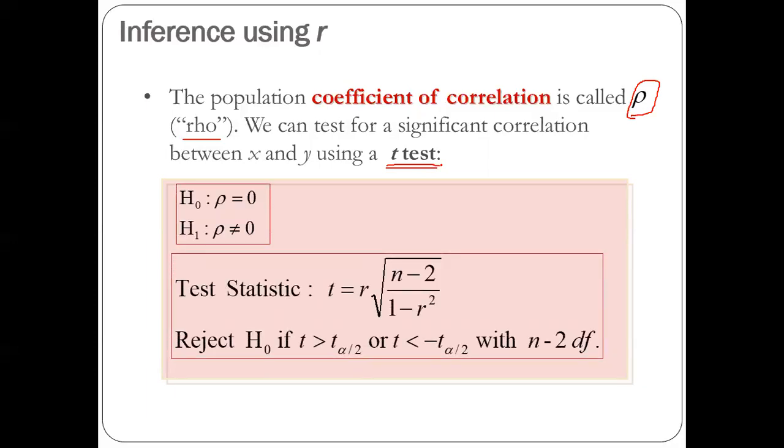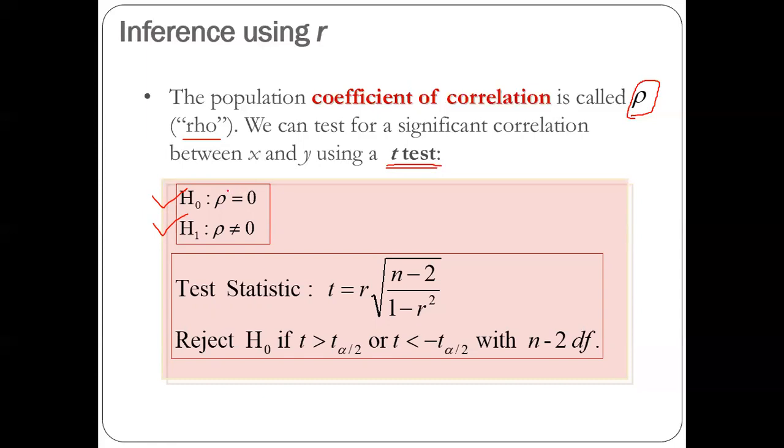As in most of the previous analyses that we have discussed in our previous lessons, we must state the null and alternative hypotheses. So for the correlation coefficient, we are going to state that, sorry, this is not P, this is rho.